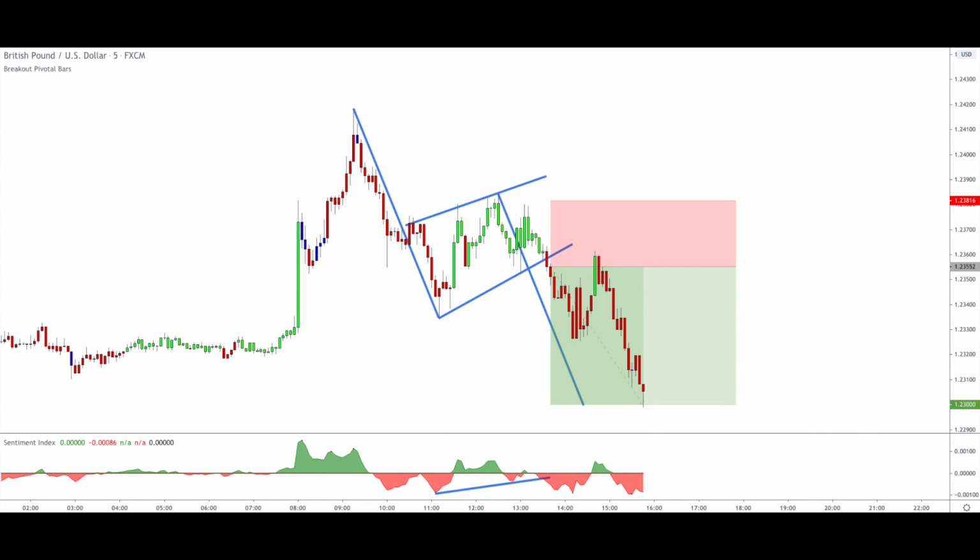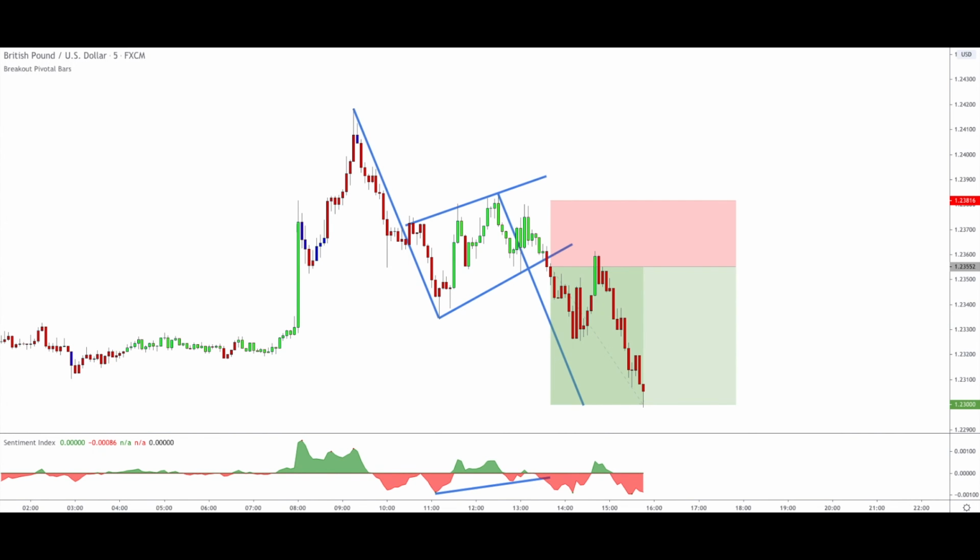They accepted the loss even though their analysis was correct. They accepted the loss instead of letting the trade go.